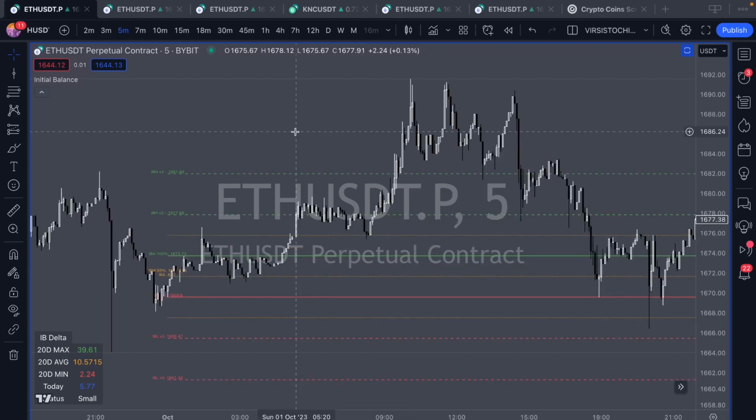When the market comes down and hits its 1.5x initial balance low, it will almost always retreat and hit either its initial balance high, its middle, or its 1.5x. That's the only thing I will spoil you guys with. The rest I want you all to learn organically.